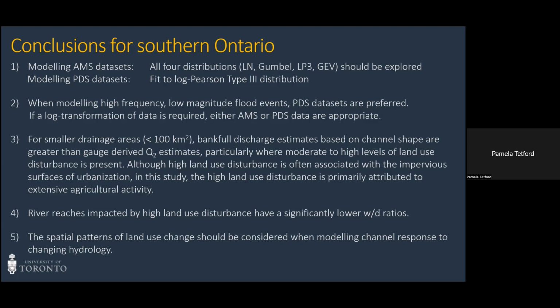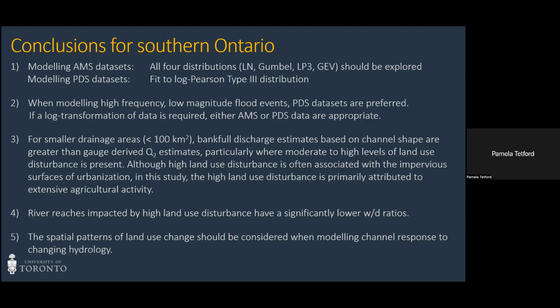And these high frequency, low magnitude floods are better modeled using the PDS data set, unless you're logarithmically transforming them, then you can use either one. The bankfull discharge estimates from the smaller drainage areas are larger if you're actually looking at the channel form.